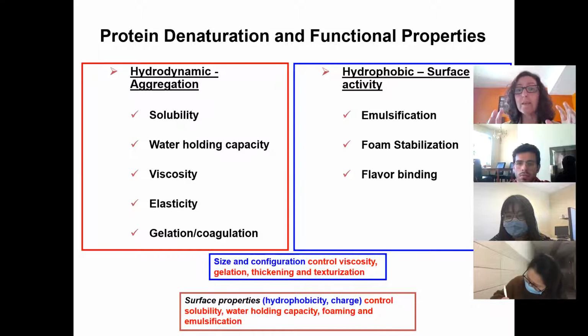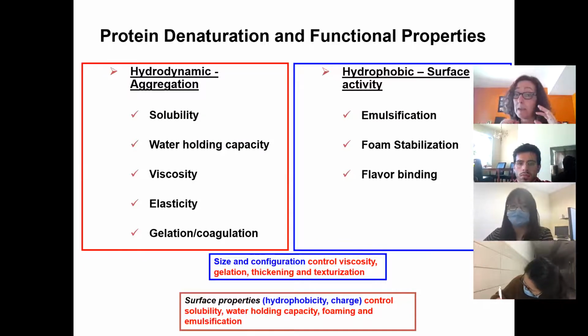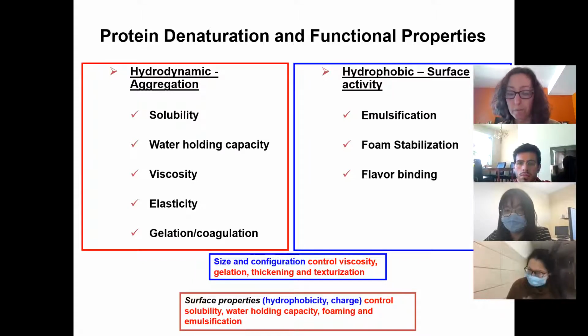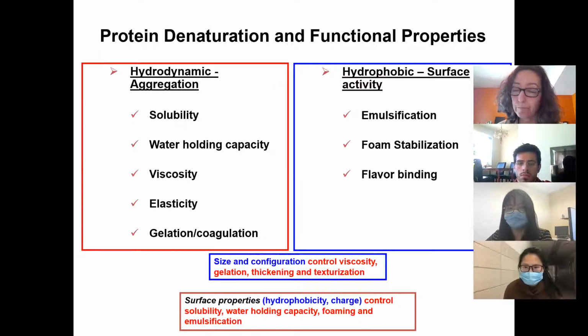So this is an overview of things, but now we will dive into the different functional properties, and I will also relate structural characteristics to functional properties as we go.